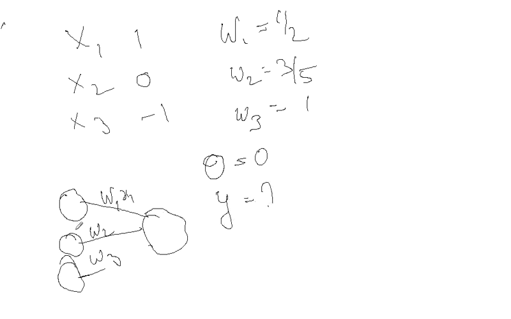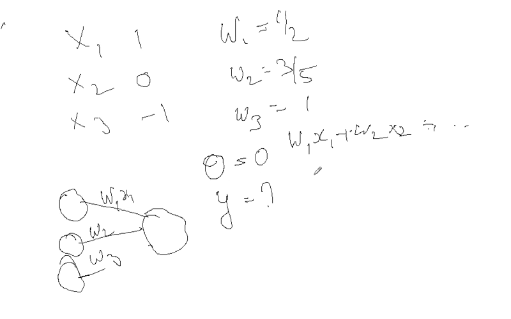What will be the value of y? Will it be more than 0 or less than 0? If it is more than 0, it is pass. If it is less than 0, it is fail. So here the equation will be W1 x1 plus W2 x2 and so on, right?